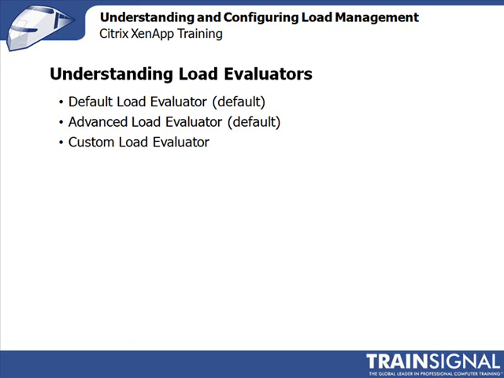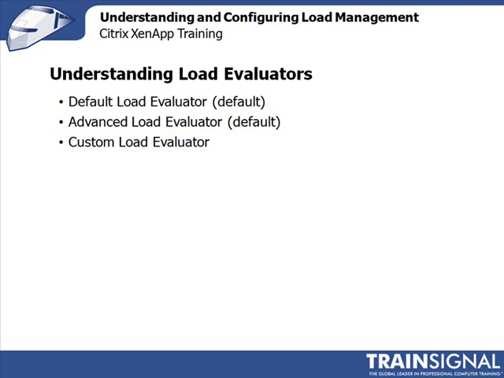With the advanced, it goes one step further, and we're going to talk about the exact details of it when we get into it. But with advanced, it takes into consideration the CPU utilization on the server, the memory utilization on the server, the paging on the server, the disk on the server. So it's a little more intelligent than just, well, I'm going to send one user here, one user there, and if this server has fewer users, I'm going to send more users to it.